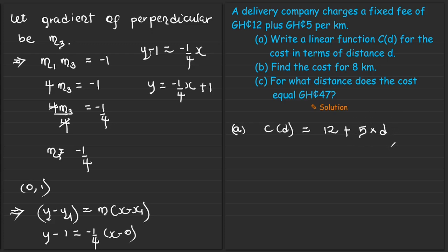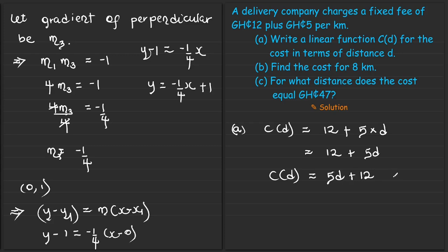If the distance is 2 kilometers, 5 times 2. If the distance is 10, 5 times 10. So we can write it as 12 plus 5d, which can be rewritten as 5d plus 12.